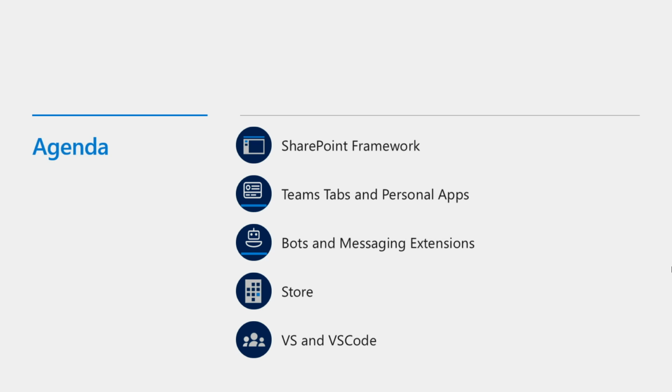We will also talk about messaging extensions, and we will see how much SharePoint Framework can help you build and interact with this solution. Then we will talk about the store, and the evolution of Visual Studio and Visual Studio Code add-ons that Teams recently announced for being able to build a solution with Visual Studio and Visual Studio Code in Teams.